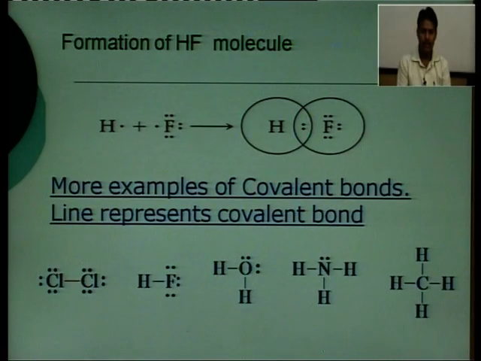Both the electrons are shared between them, forming a covalent molecule. Other examples of covalent bond are chlorine, in which one electron is shared, water molecule, ammonia, and methane. In methane, CH4, there are 4 covalent bonds. In ammonia, NH3, there are 3 covalent bonds, and in water there are 2 covalent bonds with hydrogen atoms.